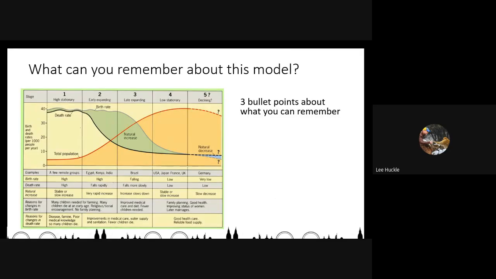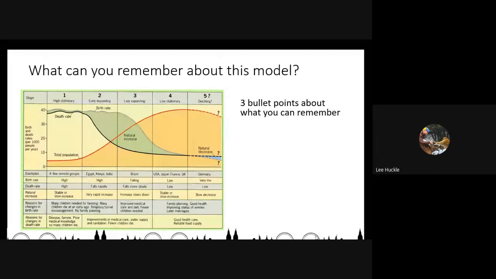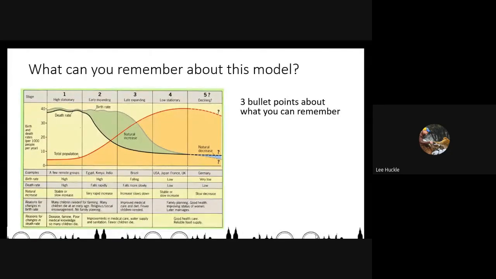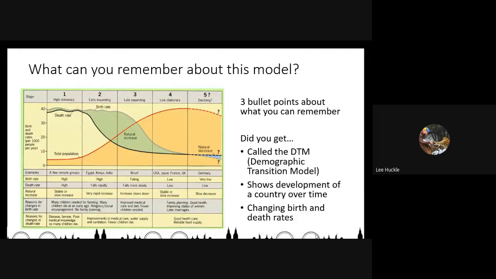So here we'd have gone down to look at the generalized demographic transition model, the model that's used across the world to explain the stages through which countries travel. You'd have reminded yourself from GCSE what it means and the different stages and the reasons for changes in birth rate, death rate and total population.